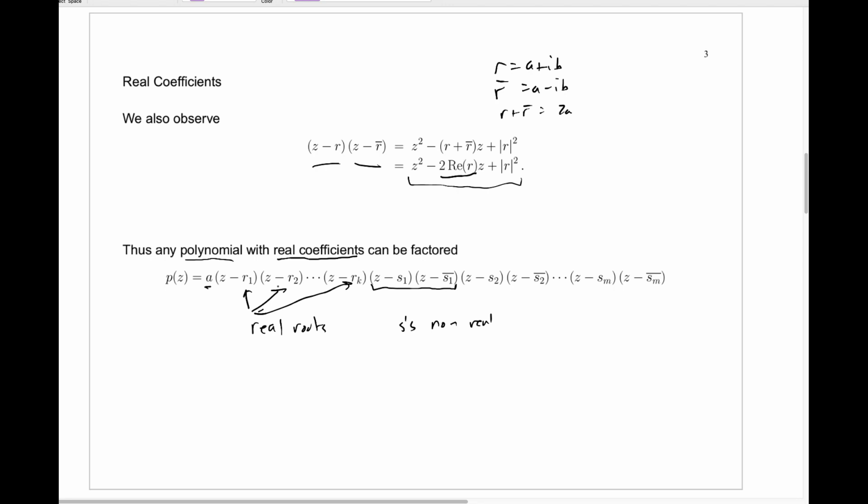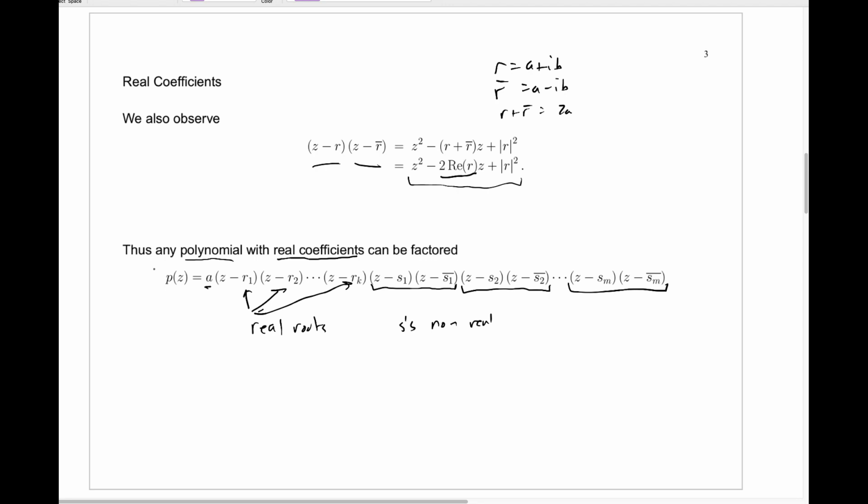So when you factor the polynomial, you'll have a pair of linear factors for each conjugate pair of roots. And here I'm just choosing indices k and m. k will denote the number of real roots, the number of linear factors which correspond to the real roots, and m will correspond to the number of conjugate pairs of roots.